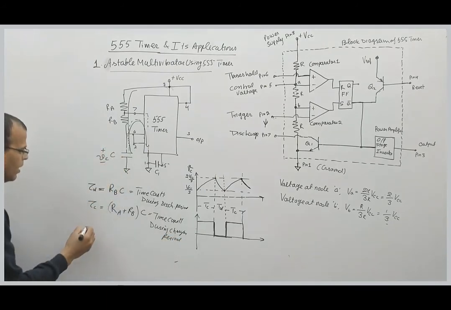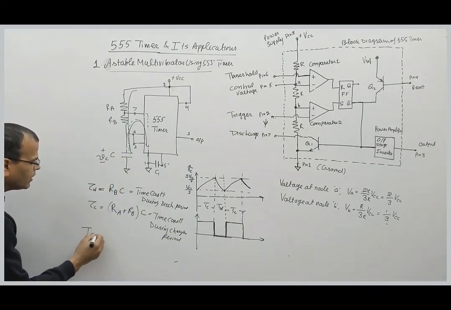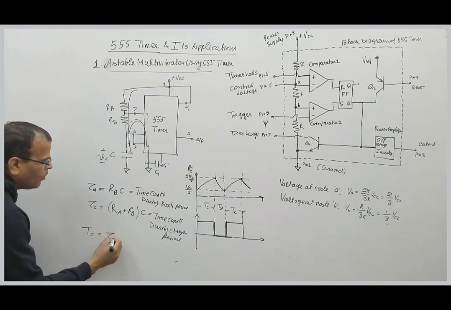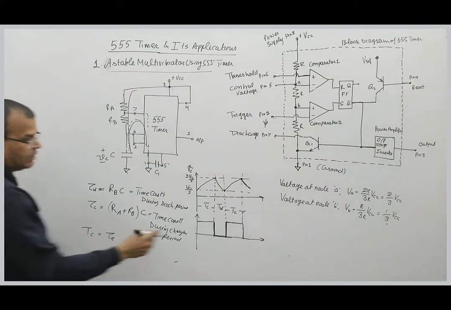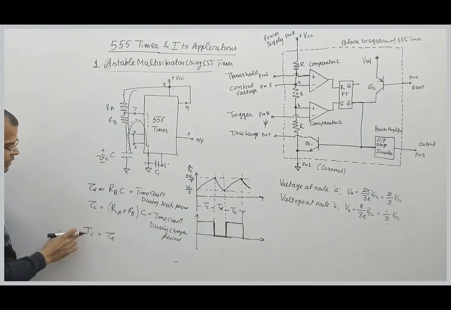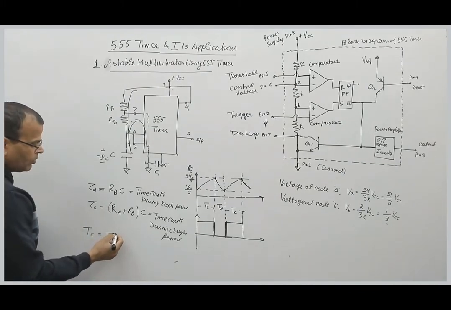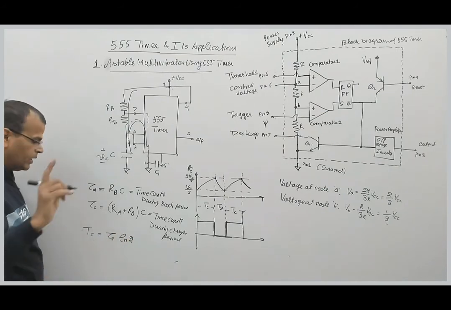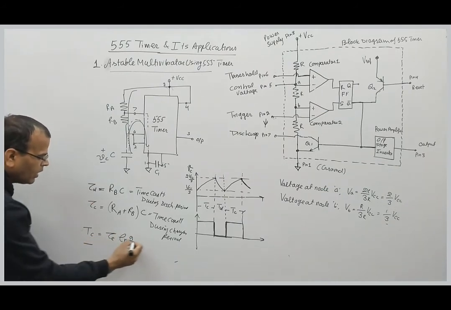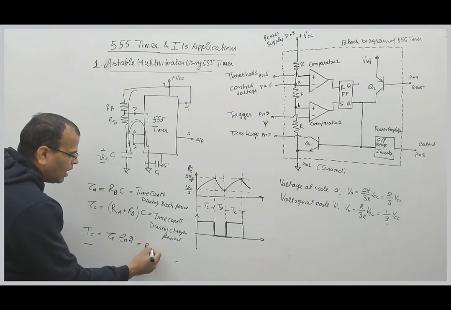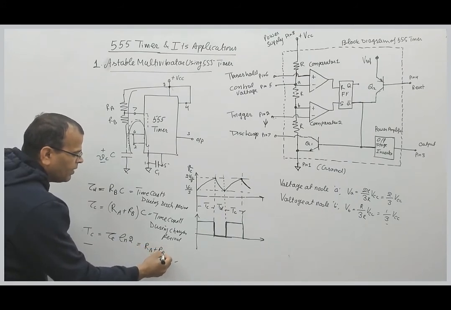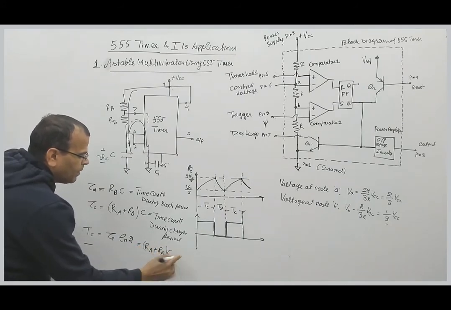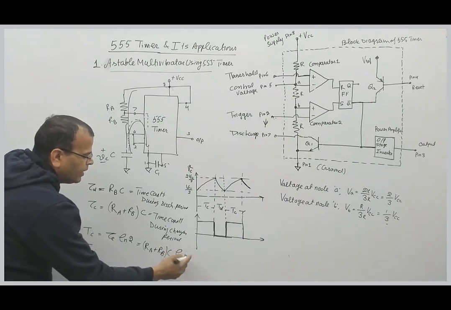Now remember, the charging period is given by the time constant of the circuit into natural log of 2. That is (RA plus RB) into C multiplied by ln 2.